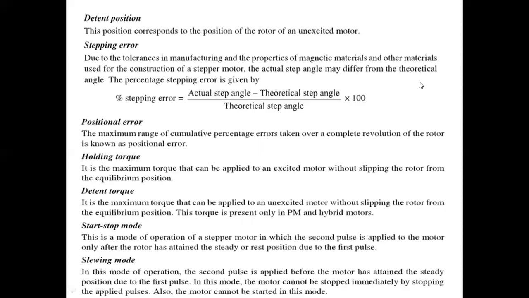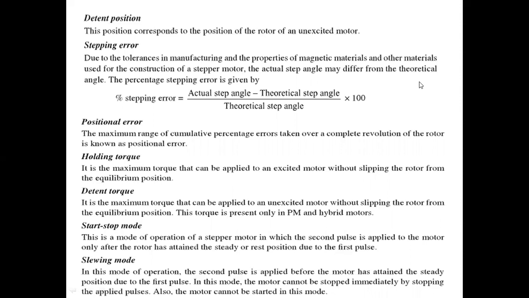Here again I am telling that if we have four pairs of poles, or 8 poles, these are nothing but four phases. We are giving the four phases A, B, C, D, A dash, B dash, C dash, D dash. Like that, we have 8 poles in the motor.